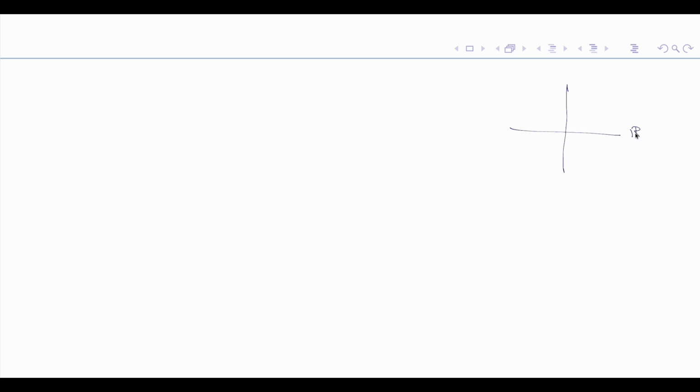So V is my R2 over R. W1 means all those points (x, 0) such that x belongs to R, and W2 you can consider all those points (0, y) such that y belongs to R. So basically this line, the x-axis, is my W1, and the y-axis is my W2, right? You got it.